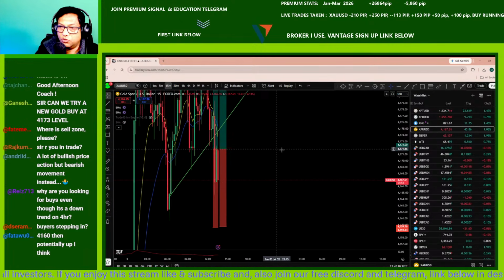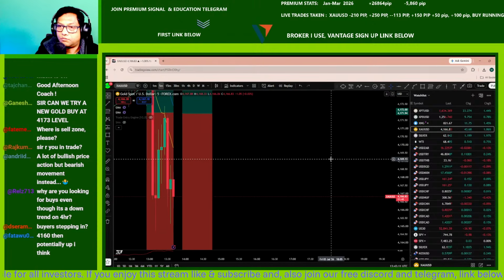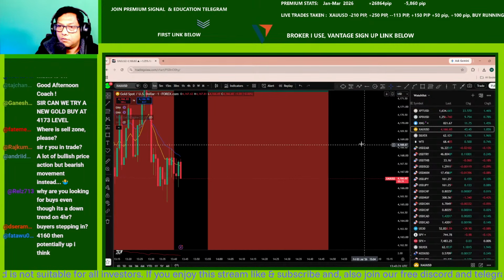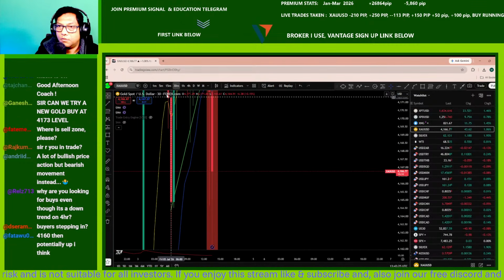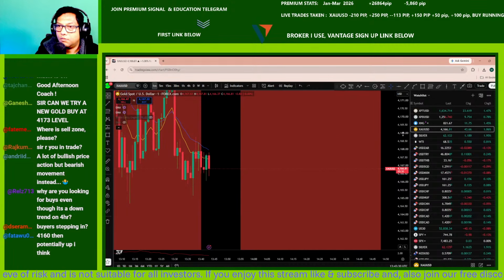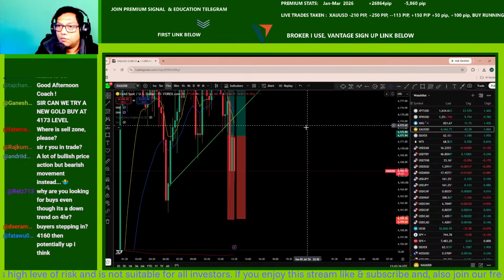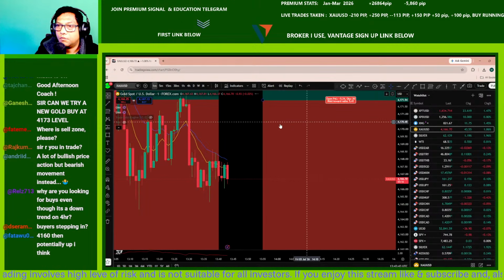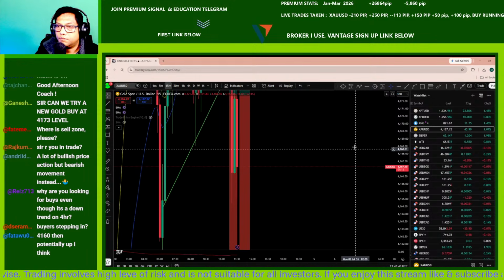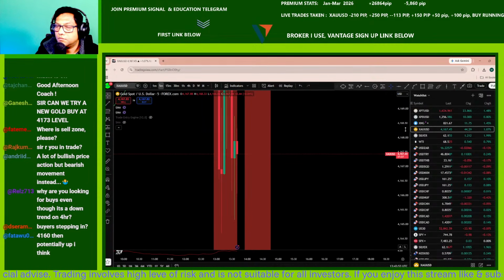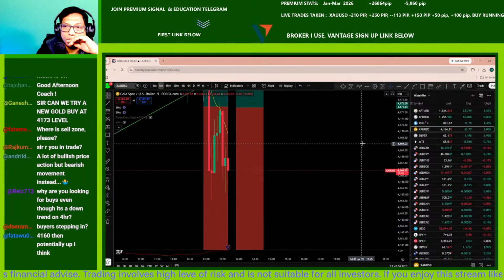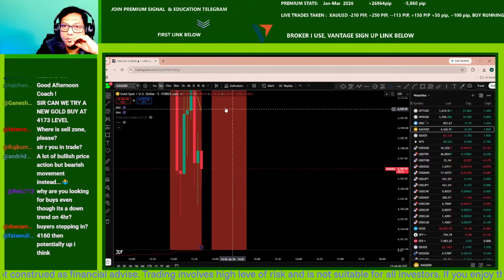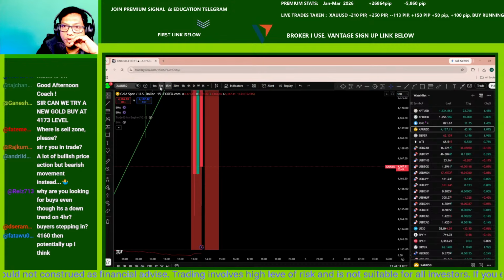This is a very important key zone where we're looking to see the market show its bias. We're getting a very critical level.